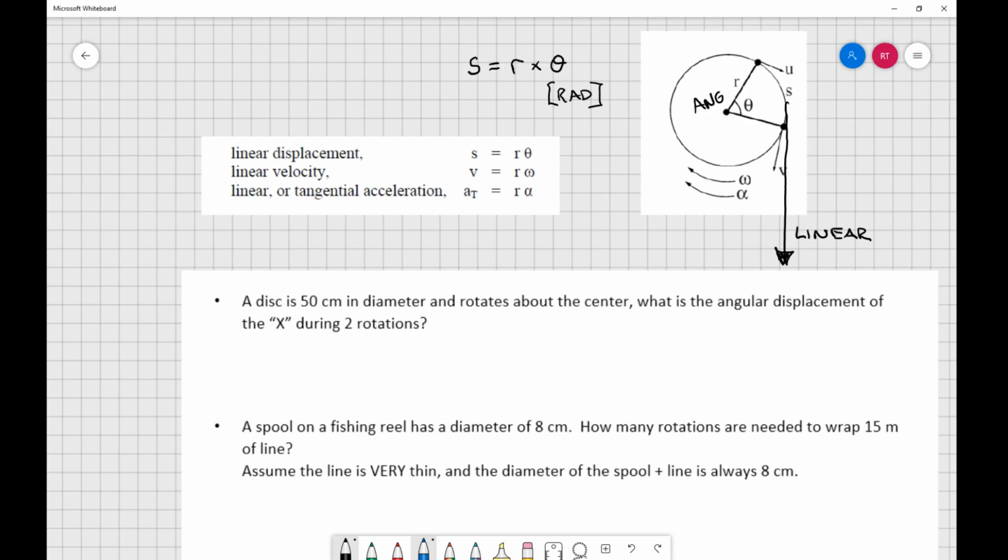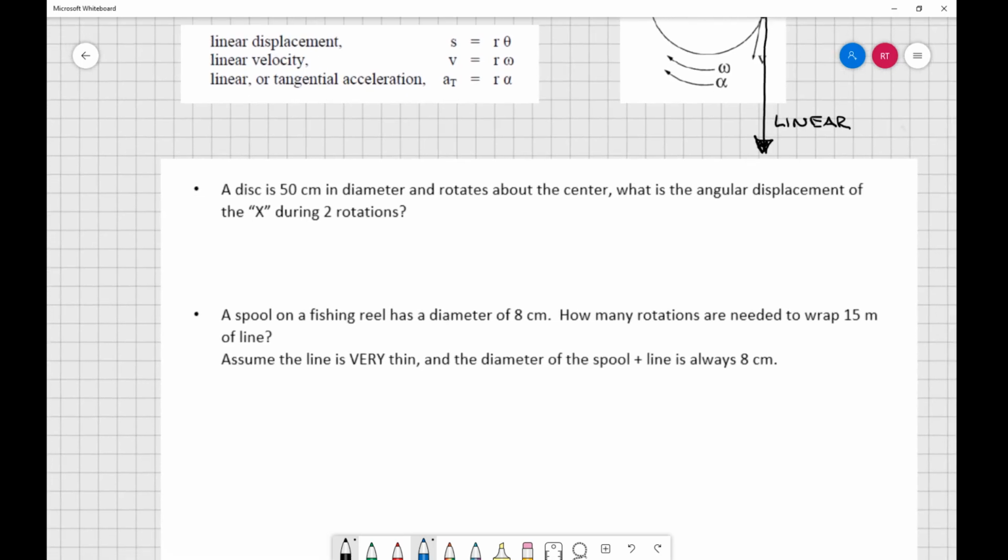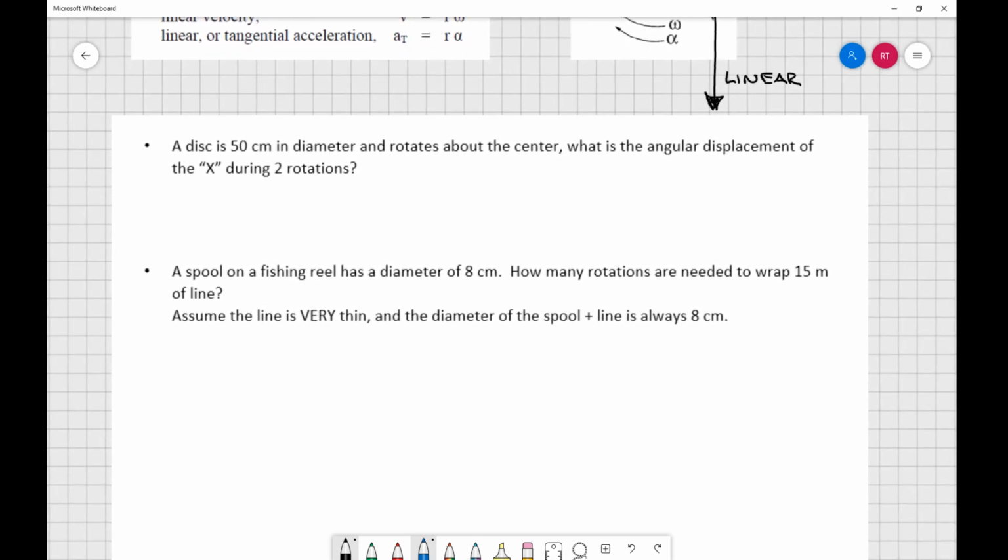Let's take a look at a couple of questions relating to these equations. A disk is 50 centimeters in diameter and rotates about the center. What is the angular displacement during 2 rotations? Angular displacement is theta, and it is a measure in radians. We've been given some geometry information, but all of that is really irrelevant.